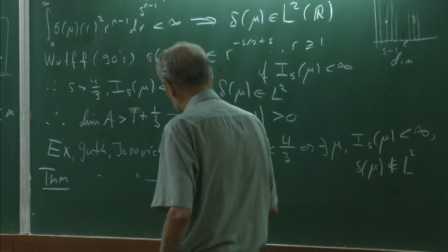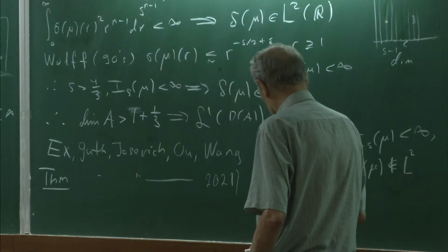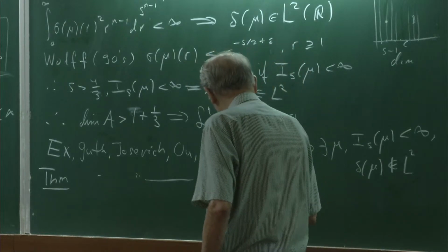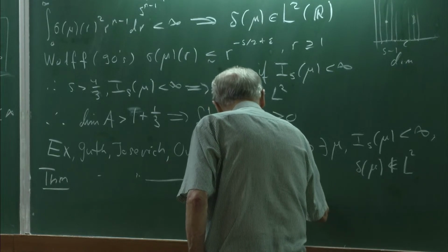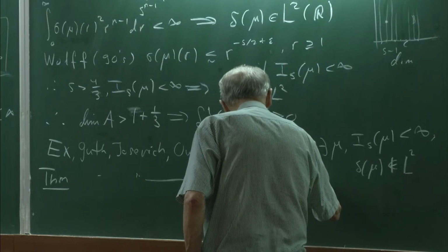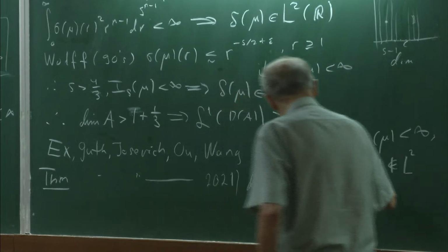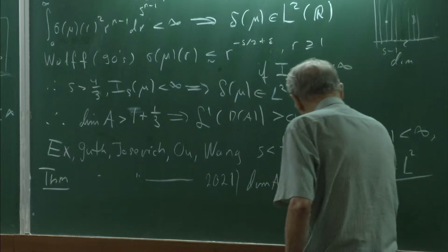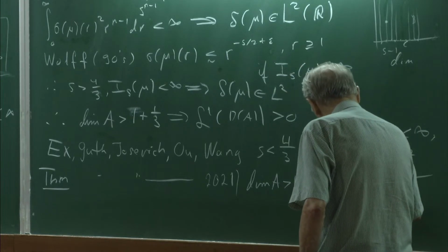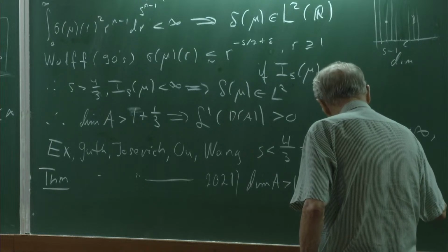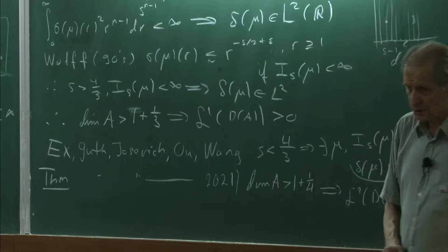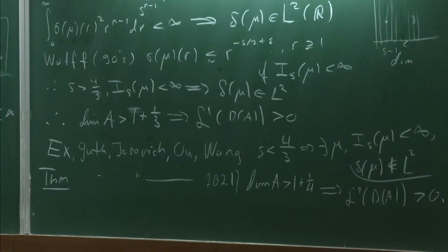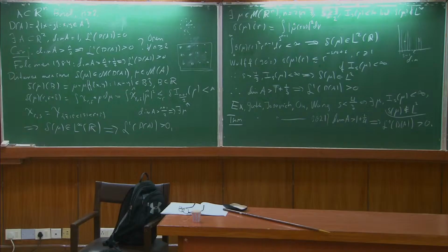I think it's 2021, but it's quite recent. It could be also 19, which says that if the dimension of A is bigger than 1 plus 1/4, which is 5/4, then the distance set has positive Lebesgue measure. And this is the best that is known in the plane at the moment. So there is still a gap of 1/4 to this conjecture.